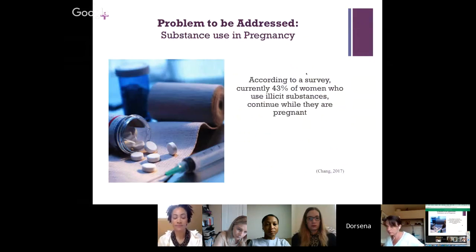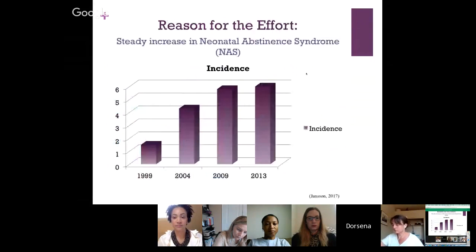Why does this matter? Newborn infants born to a mother using other substances during her pregnancy are at risk for drug withdrawal, commonly referred to as neonatal abstinence syndrome, or NAS. NAS is a variable and complex spectrum of signs of neonatal behavioral dysregulation. Over the past decade, the NAS score has quadrupled.